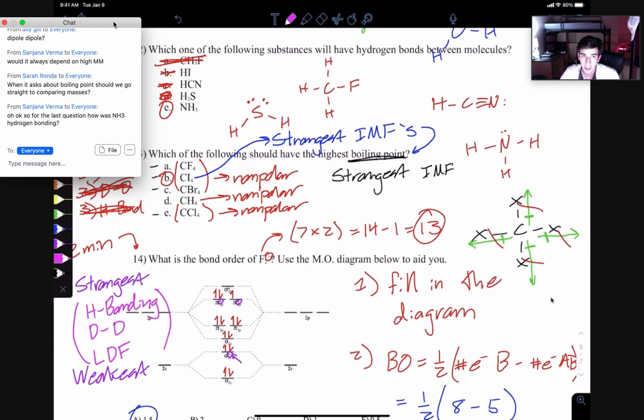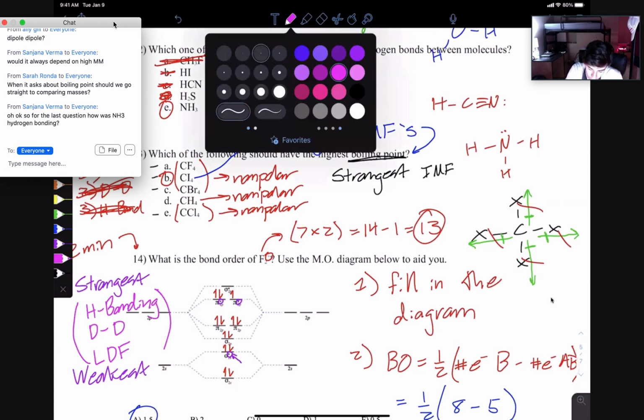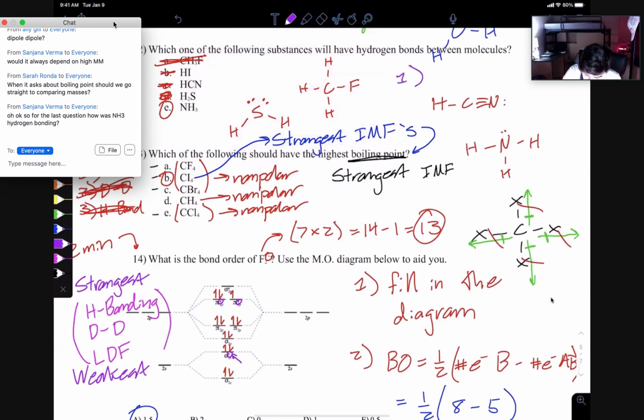Okay, so NH3 has hydrogen bonding because for hydrogen bonding, one, you need to have hydrogen, and two, it has to be attached to a fluorine, oxygen, or nitrogen. And so in NH3, where was that drawing? That drawing is right here.